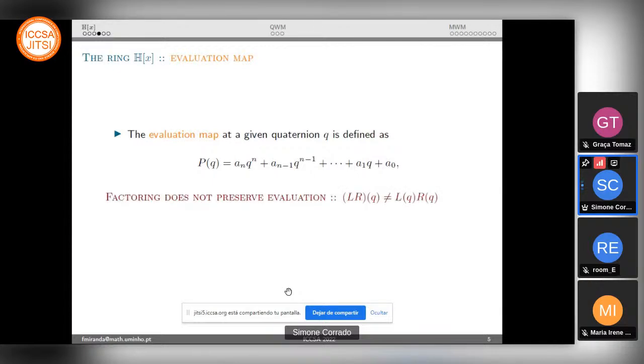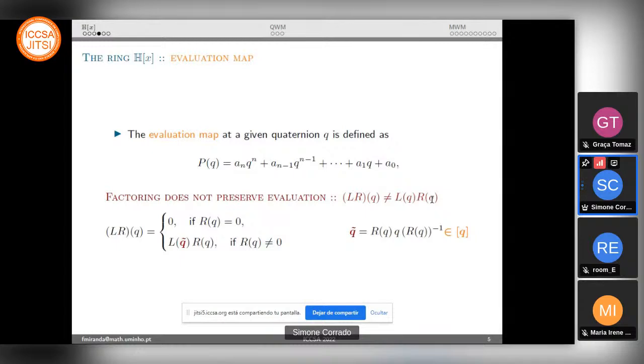But I stress that factoring does not preserve evaluation, which means that if we have a polynomial factorized as a left polynomial and a right polynomial, usually the value of the polynomial p at q is different than computing L at q, computing R at q, and multiplying these two quaternions.